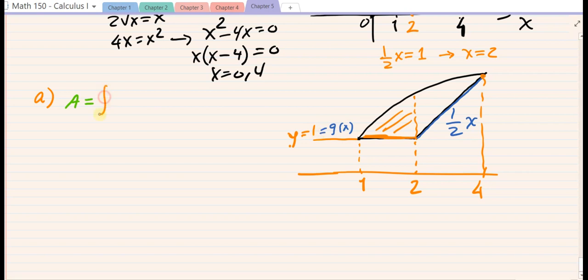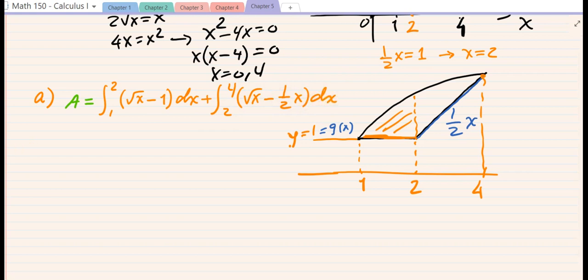That's going to go from 1 to 2 of the square root function minus the lower function, which is 1, dx. And the second part is going to go from 2 to 4 of, again, the upper function, the radical, minus the lower function, the line, 1/2 x dx. Then we can actually integrate this now.